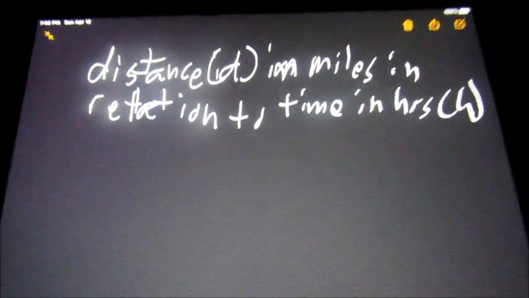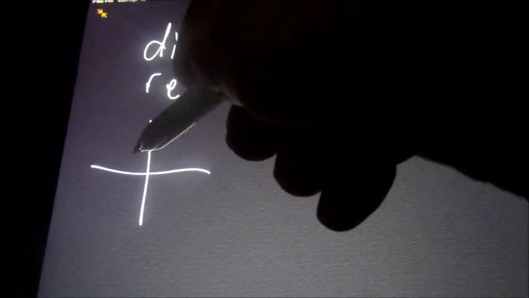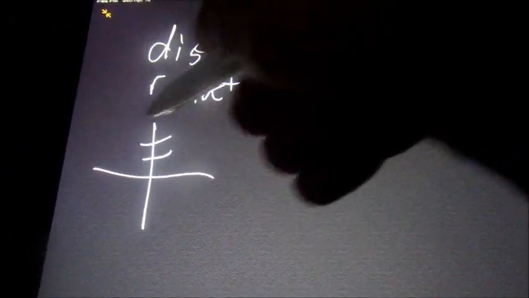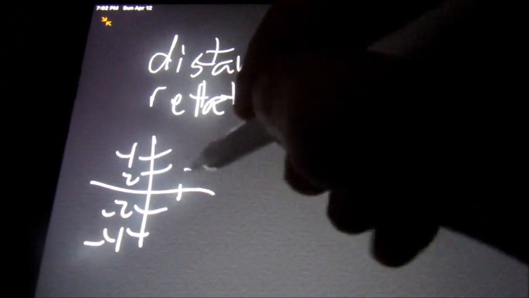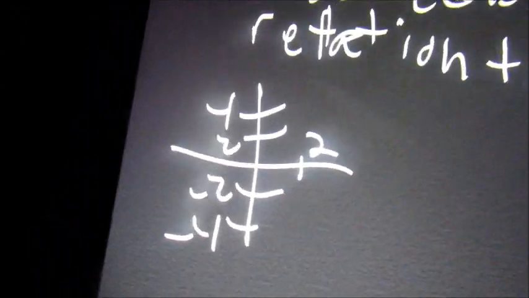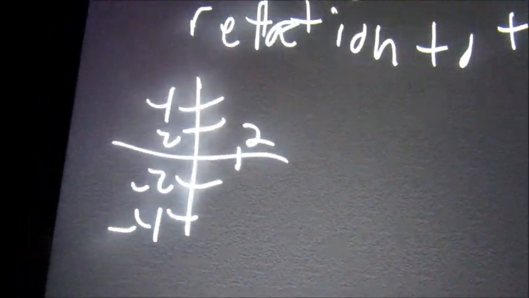So you have to use d and h for these. And it's going to give you a graph. It's going to be something like this: 2, 4, -2, -4, 2. Note that the tick marks aren't at intervals of 1. Pay attention to what it says that they are.